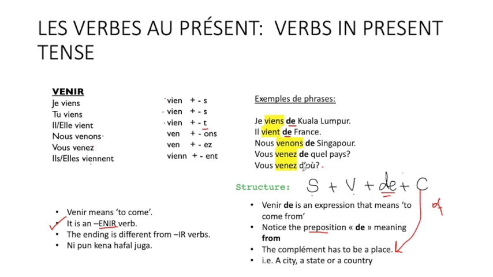This sentence means where do you come from, or you come from where. Do you see the word où? Où means where. So be careful when the preposition de is before a vowel, like O or A. The D becomes D apostrophe.